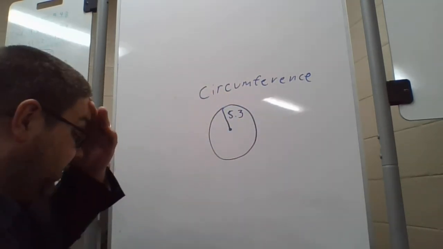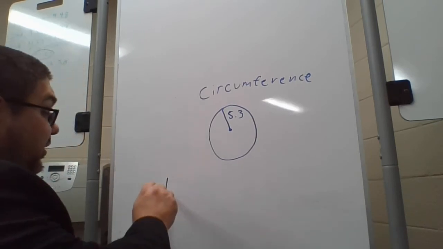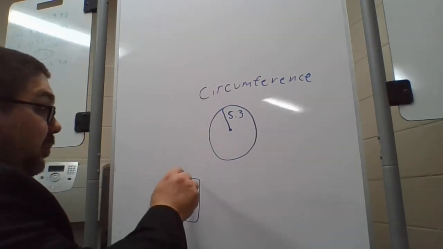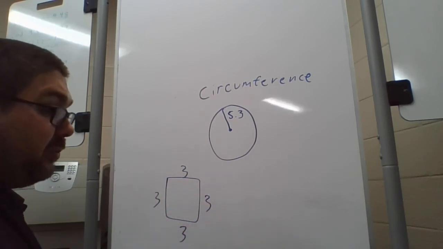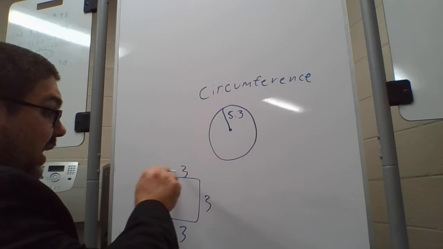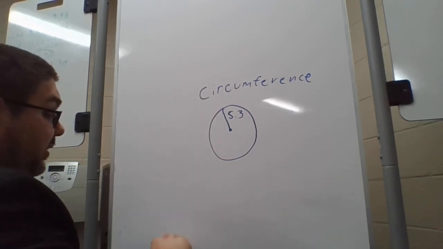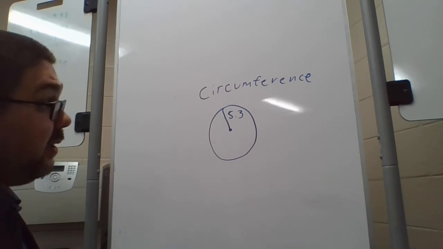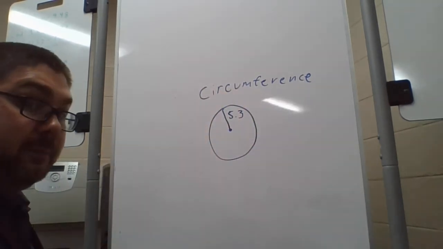Now what that means is, it's similar to a perimeter. If we have a square and we need to know the perimeter, we would add every side together, and that would give us the perimeter. The circumference is similar. It's the distance around the edge of the circle.